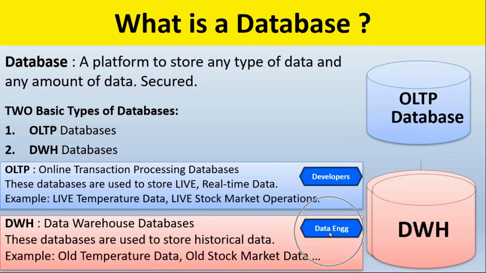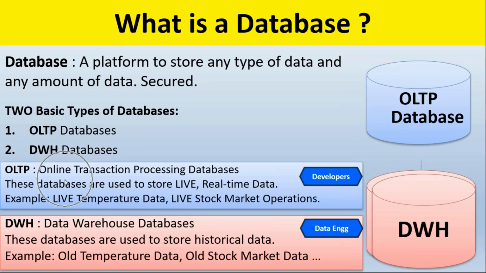Data engineers, you and me, we need to take care of warehouse design from tomorrow. Today, in the second half of our class, we are going to implement, or create, we are going to define two databases: one OLTP, one data warehouse.